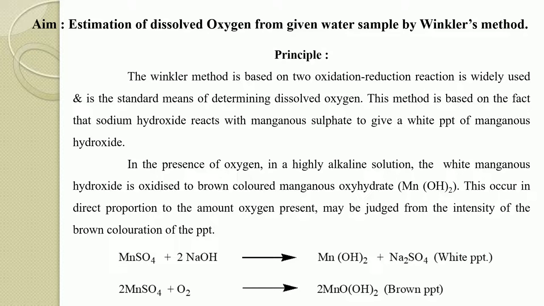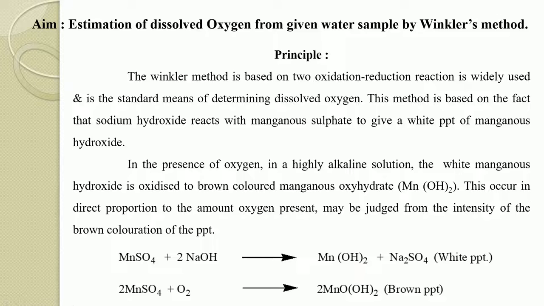So here you can see the reaction of this experiment. In the presence of oxygen in highly alkaline solution, the white manganese hydroxide is oxidized to the brown colored manganese oxyhydrate, that is MnO(OH)2.